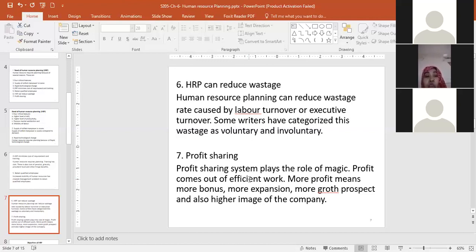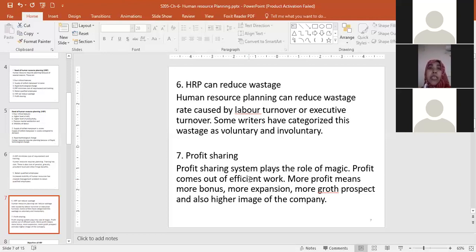In case of involuntary wastage, it takes place through death or illness, etc. In Bangladesh, turnover rate is going up at present. Maximum of it happens because of voluntary wastage.